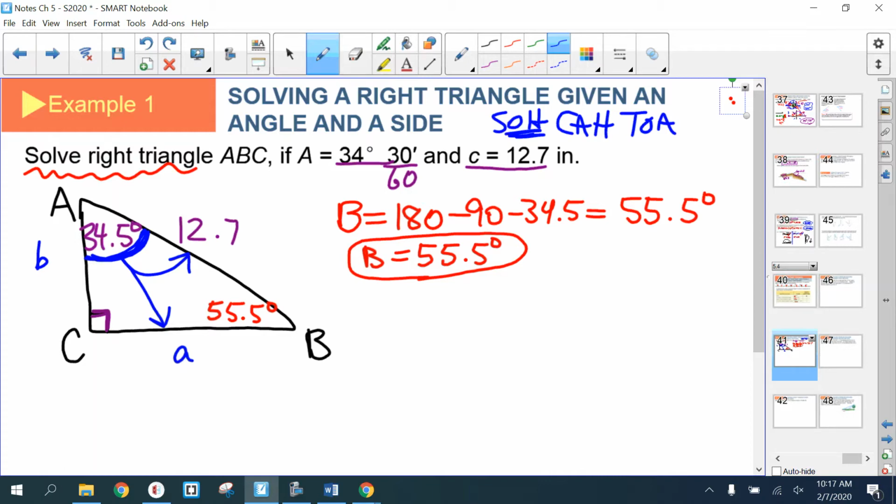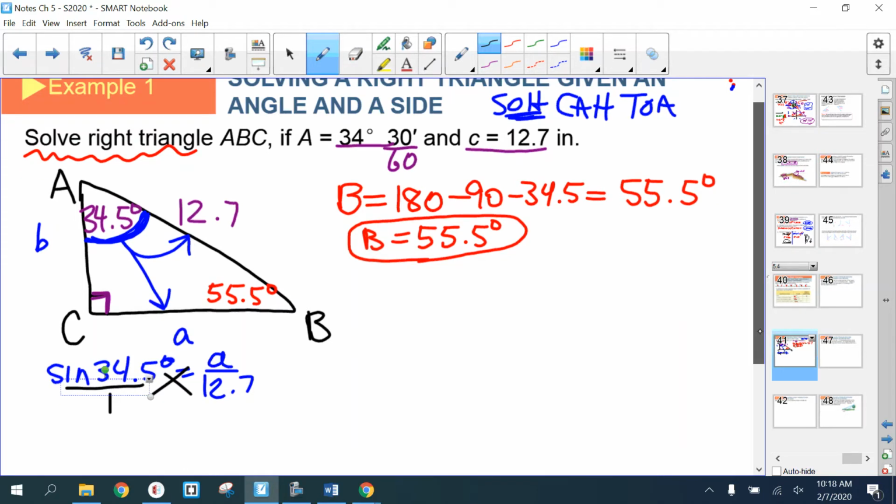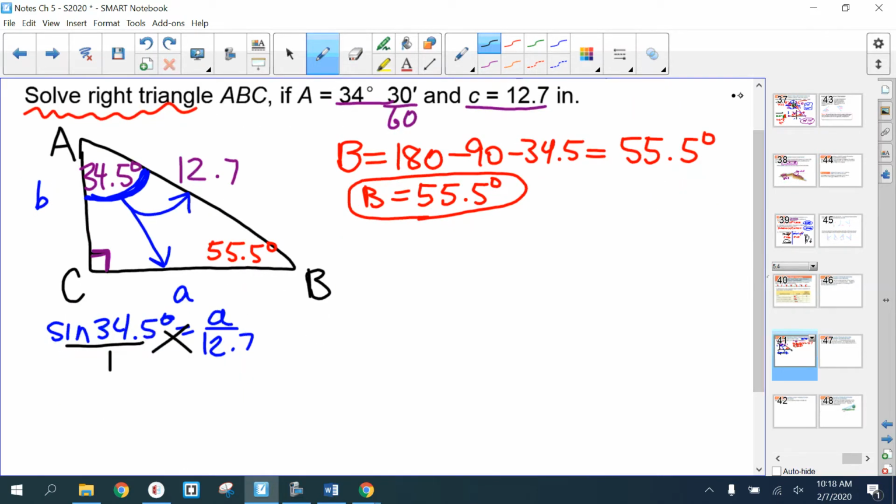So I would say something like sine 34.5 degrees equals opposite over hypotenuse. Okay, now, get used to cross multiplying. I don't want to have to write this every time, but you have a proportion, you're going to cross multiply. Try and do that in your head, I suppose. You should be able to see that A is going to equal 12.7 times sine 34.5.